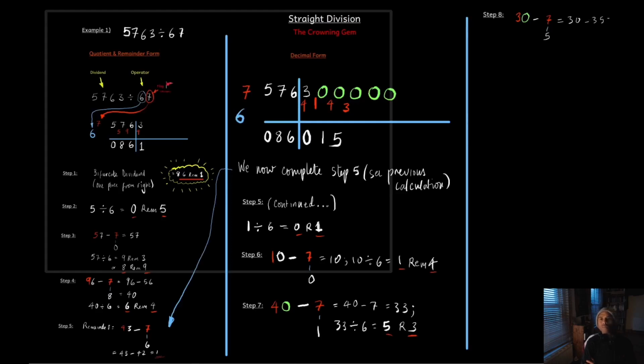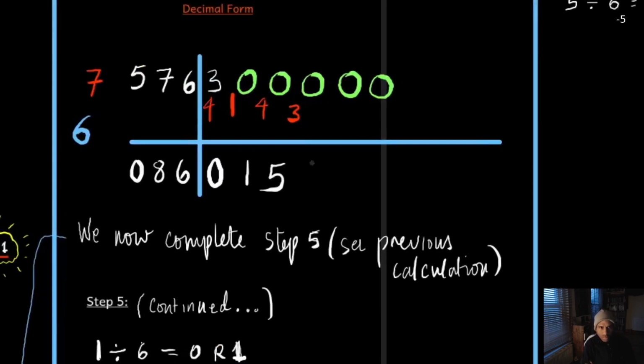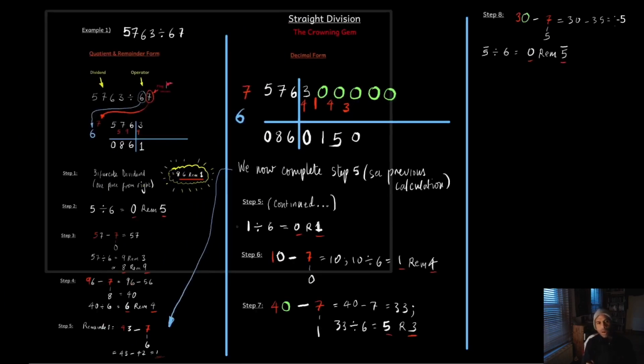Minus 5 divided by 6 is 0, remainder minus 5. So slot the 0 in the answer box underneath and prepend the minus 5 to the other 0 to the right.